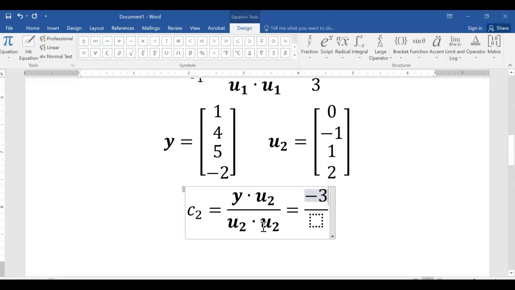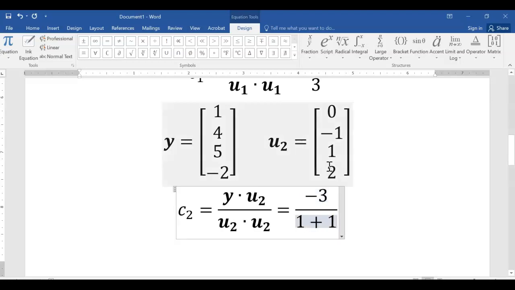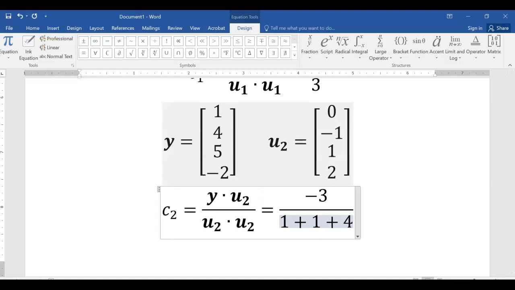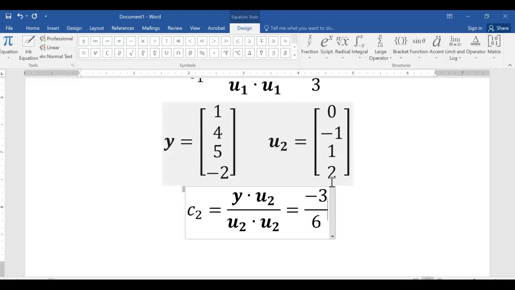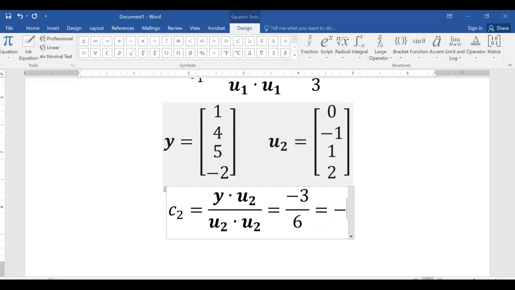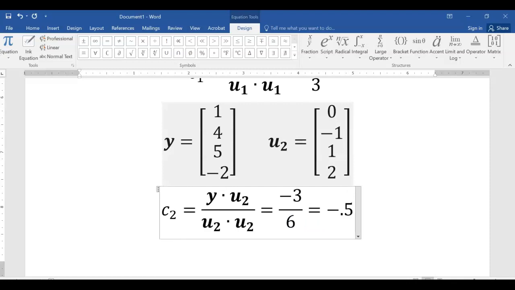And then u2 dot u2, we're going to get negative 1 times negative 1 is a positive 1, plus 1 times 1 is 1, plus 2 times 2 is 4, and then we get a 6 on the bottom. So I'm getting out that my coefficient 2 is a negative 0.5.